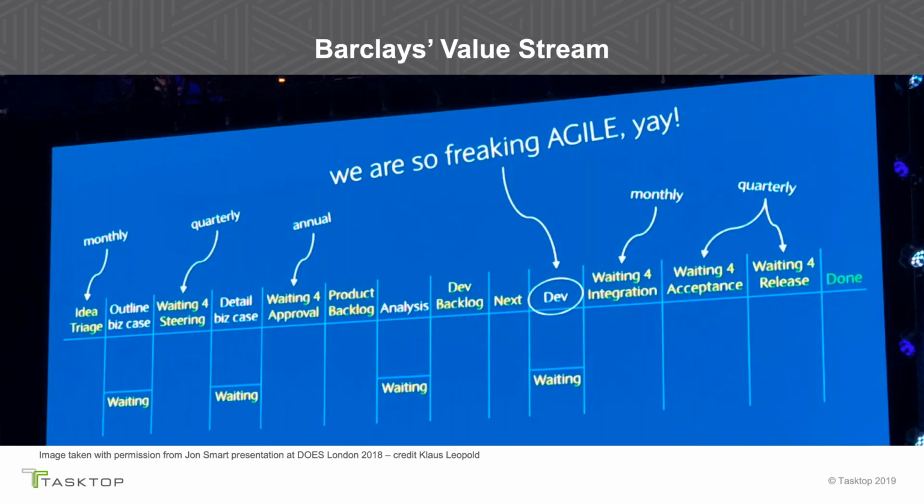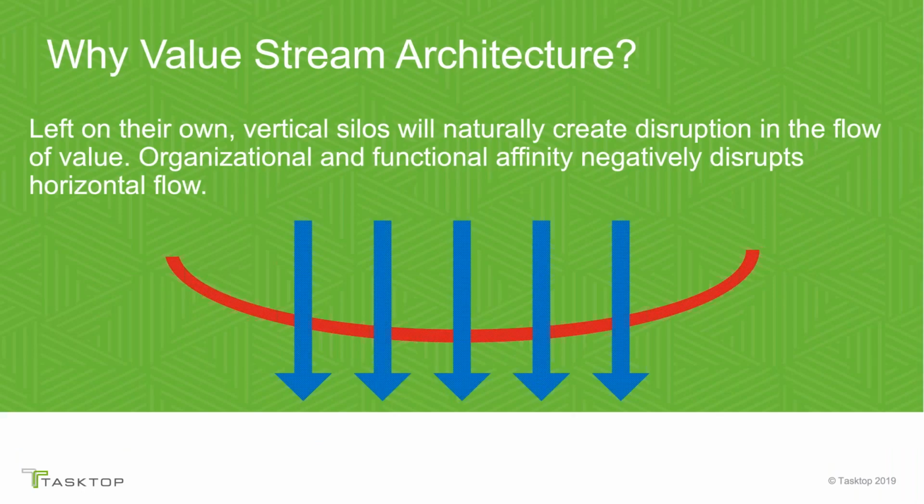And the only way to get that to work is really plan as a value stream, get it left to right, everybody working together to get these features and defects and risks out the door as quick as you can. So why value stream architecture? Left on their own, vertical silos will naturally create disruption in the flow of value.